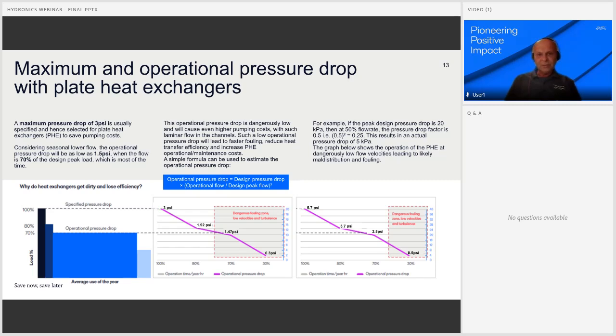So if you increase the pressure drop, in this case 5.7 in the specification, that means in the operational mode, the field where you are obliged to get fouling problems and difficulties is getting much and much smaller.